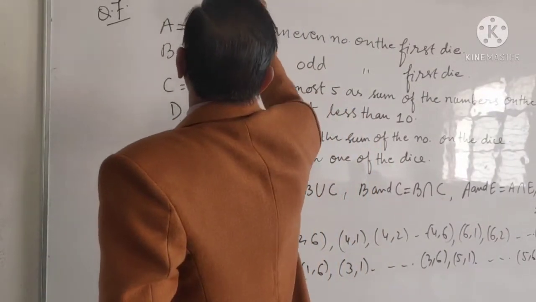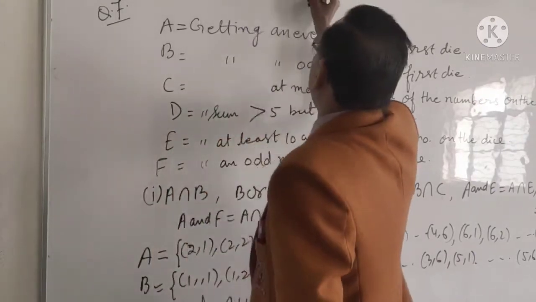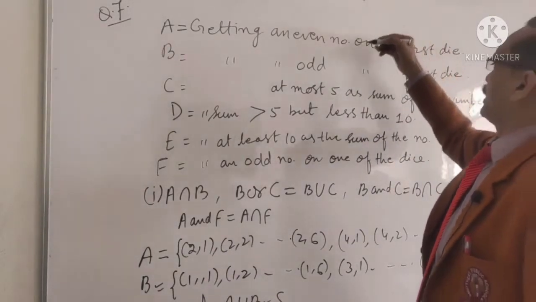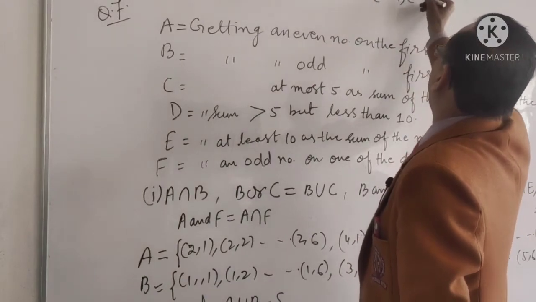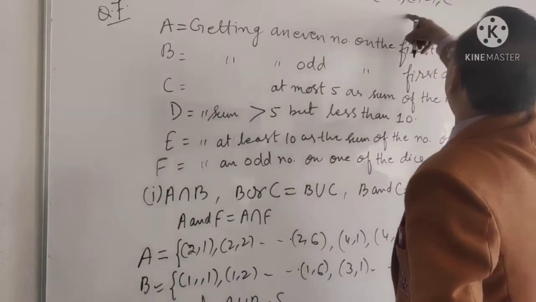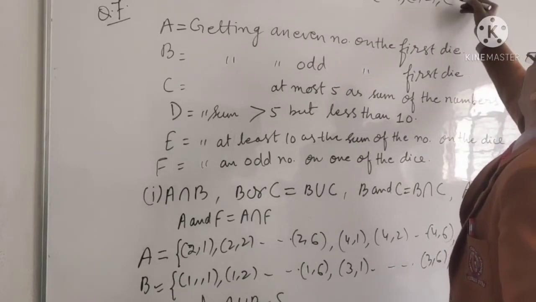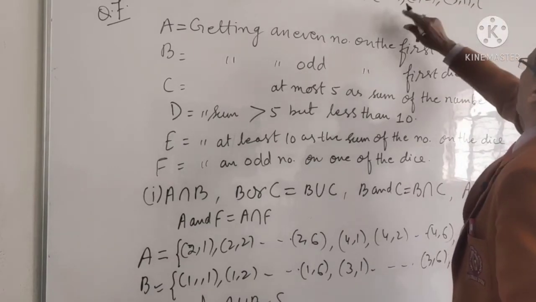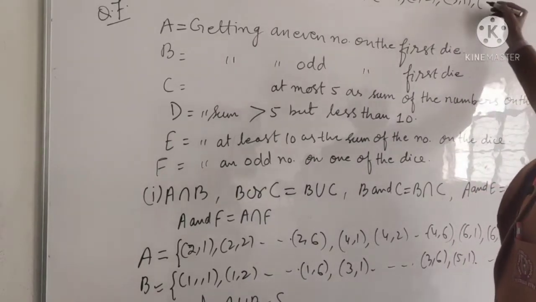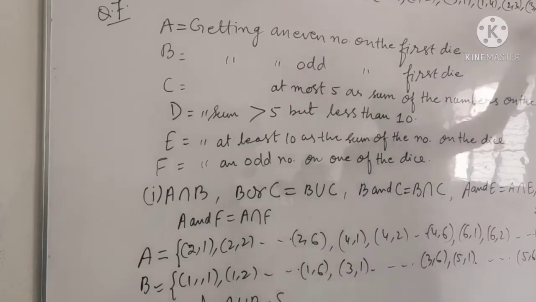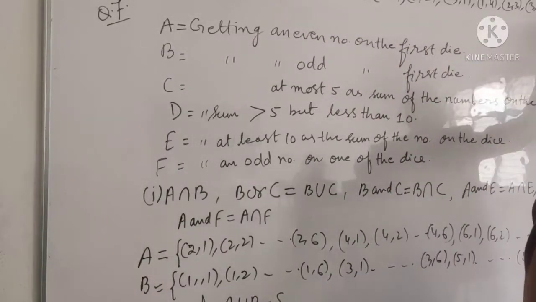So sum 2 is 1,1. Sum 3 is 1,2 and 2,1. Then 1,3; 2,2; and 3,1. Then 1,4; 2,3; 3,2; and 4,1. So this is the C set.